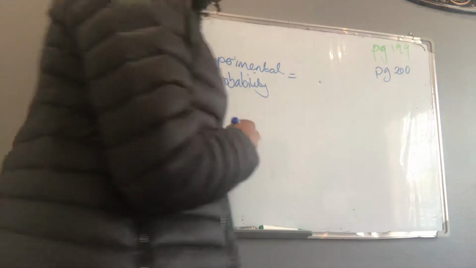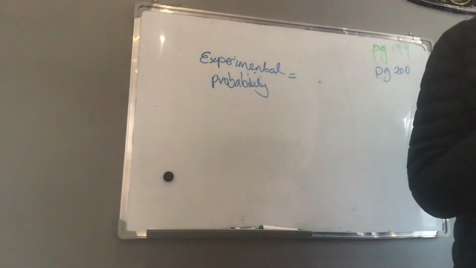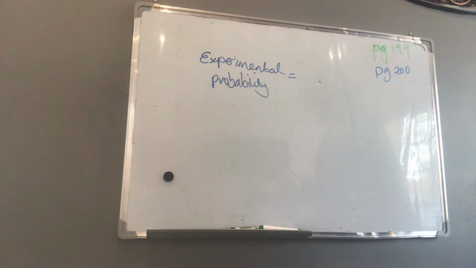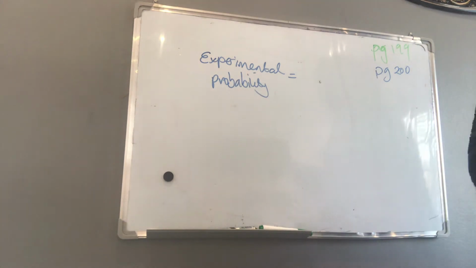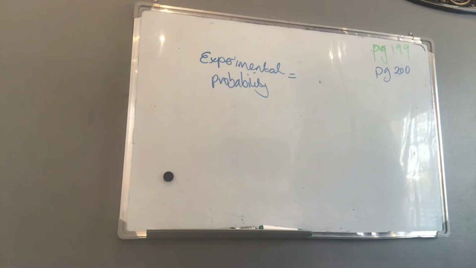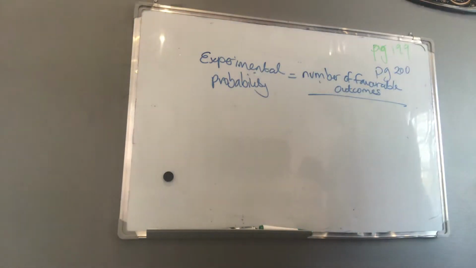Since it's an experiment, we have actual results obtained to calculate this probability. We are not just using the possible events and outcomes. So experimental probability will be equal to the number of favorable outcomes divided by the total number of events.